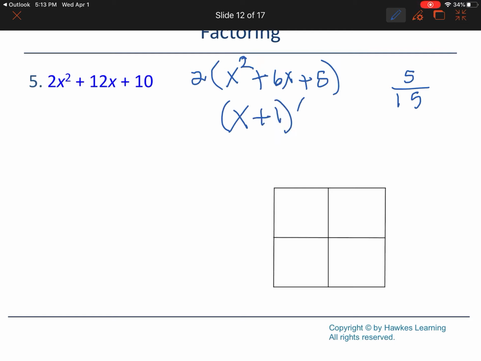So x plus 1, x plus 5, and don't forget the 2. All right, and then I left the 2 out of the answer. So that should have a 2 there.